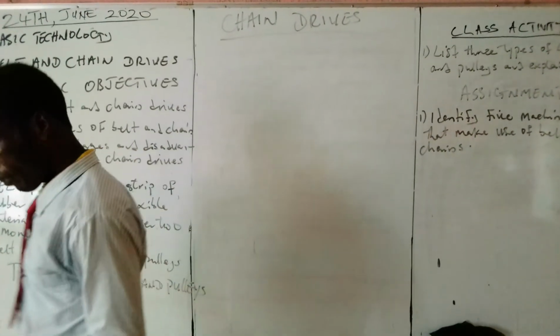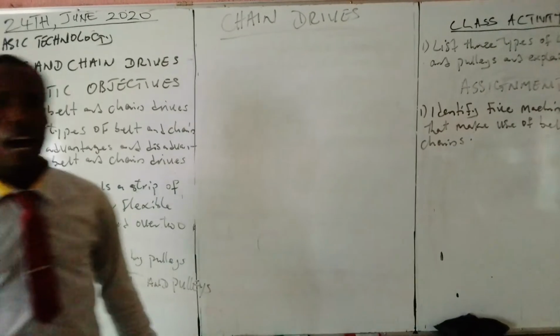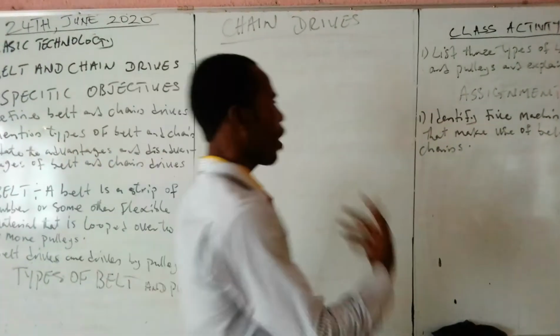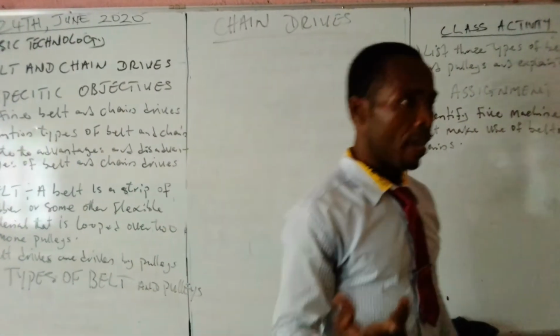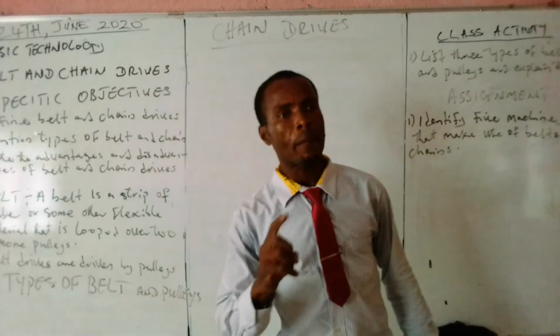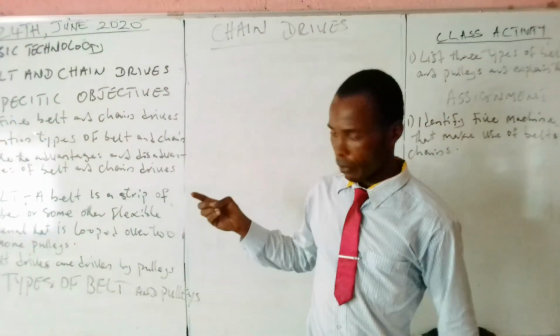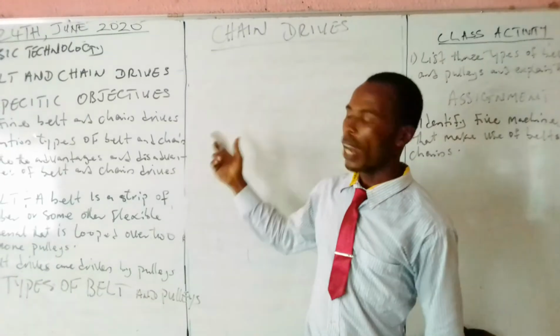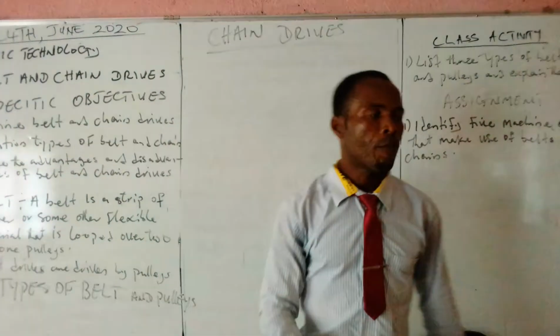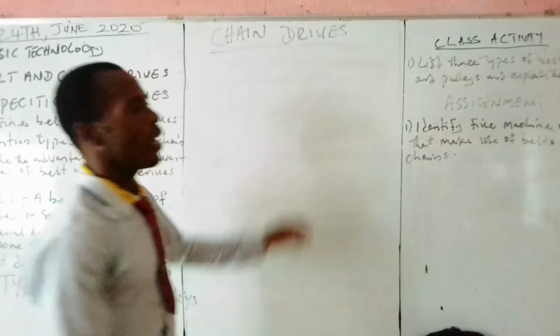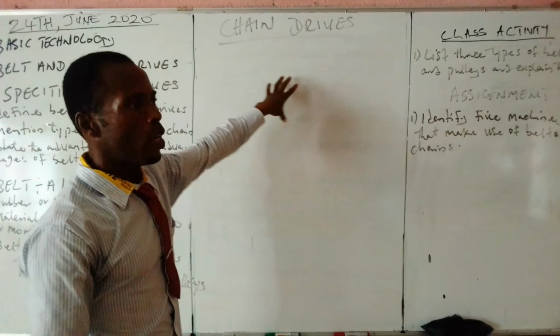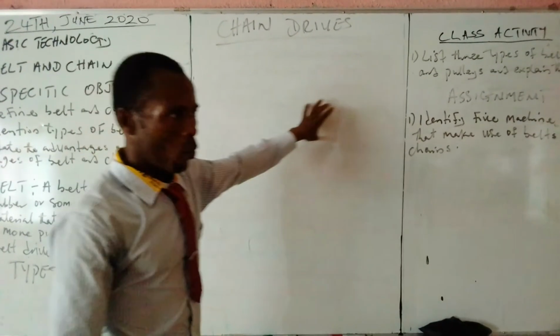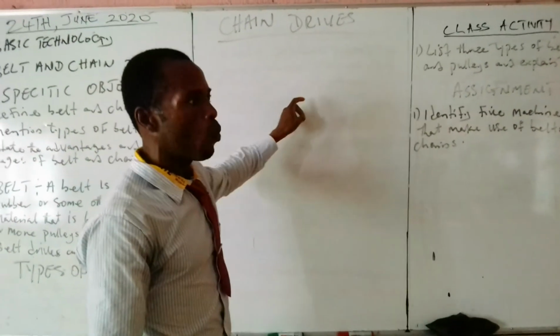Alright, the belts are driven by pulleys, while the chains are driven by gears. If you see belts in an engine or motor, what we have there are pulleys that drive them.